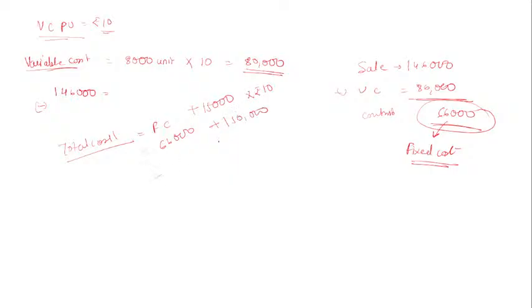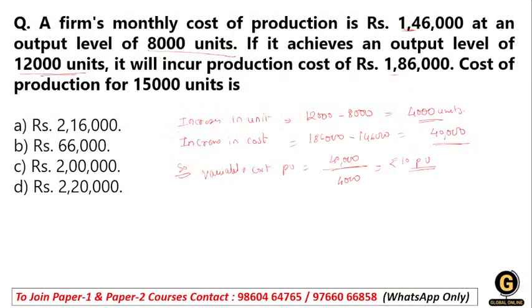You have to add this 1,50,000 to 66,000, so you will get 2,16,000, and this 2,16,000 is the total cost, which is the right answer. So this is the way you have to solve this kind of question.